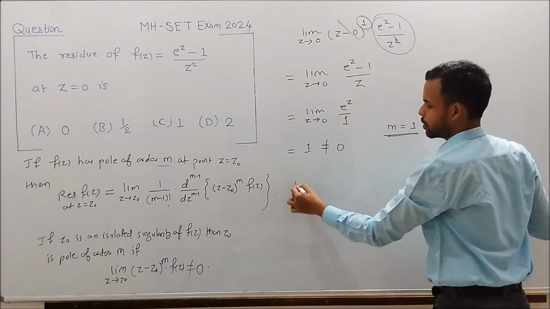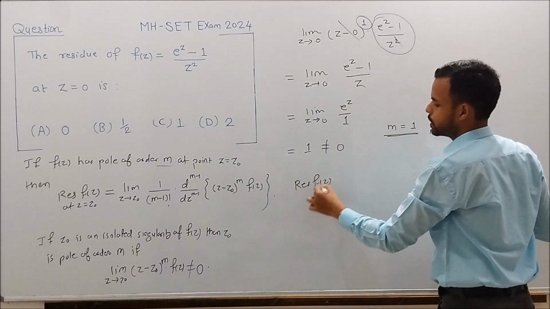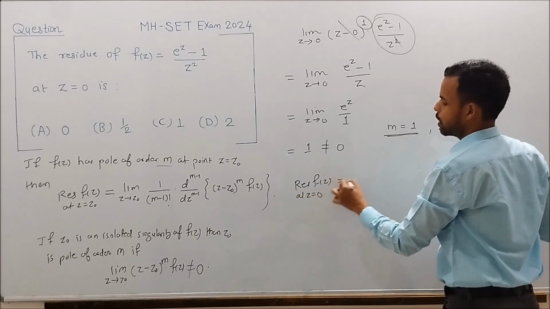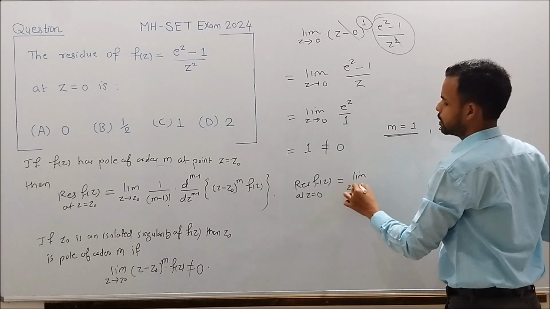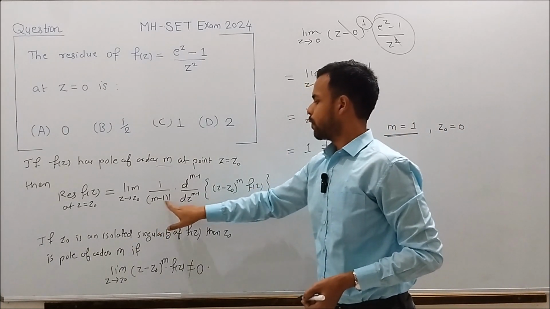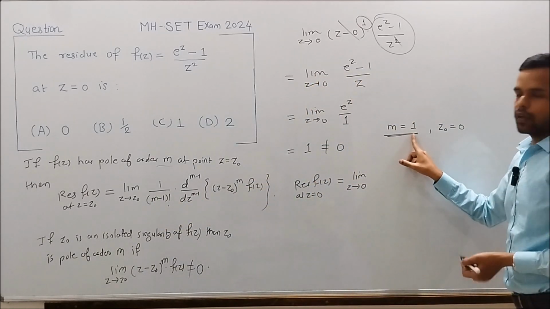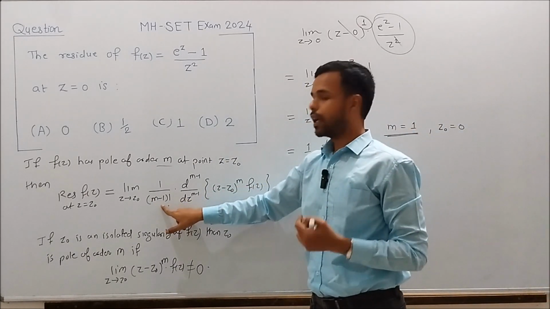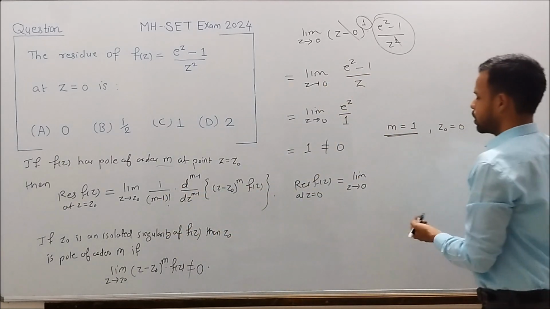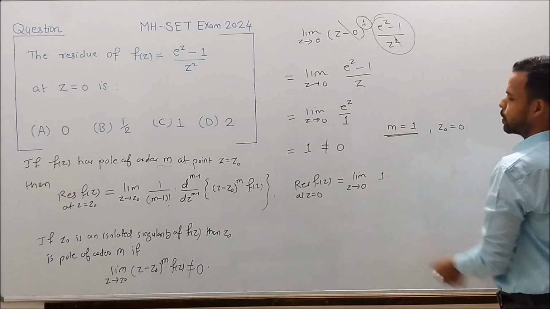So the residue of f of z at z equals 0 is the limit z tends to 0, 1 upon (m minus 1) factorial. The value of m is 1, so (1 minus 1) factorial is 0 factorial, and the value of 0 factorial is 1. So 1 upon 1 is nothing but 1.